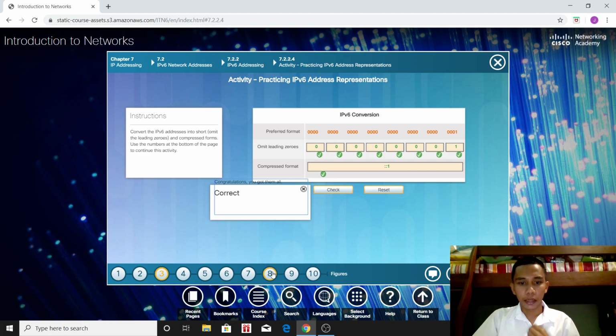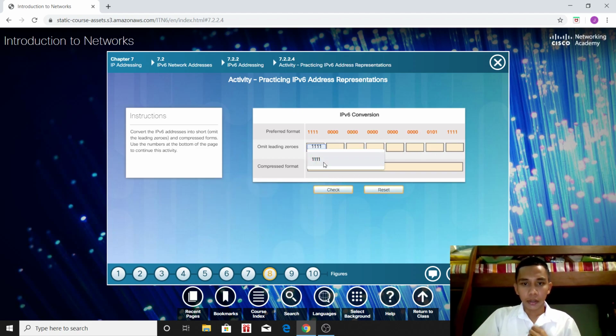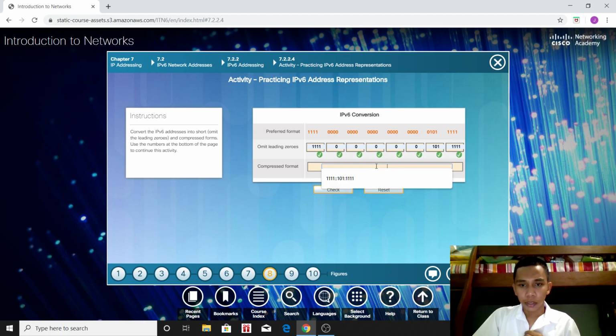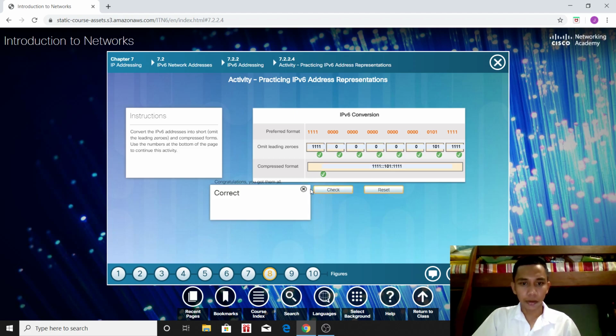Then let's try another one. 111, 0 0 0 0 0, then 101 111. So it's the answer. 111, then do not write these all 0s. So let's check. Correct. Okay, practicing IPv6 address representation is done.